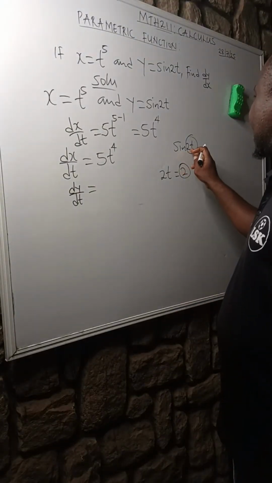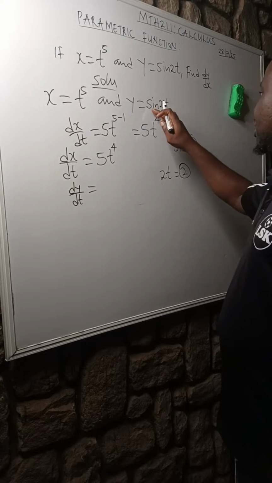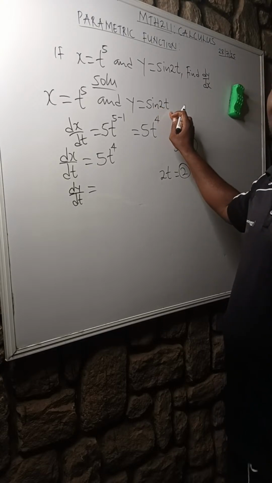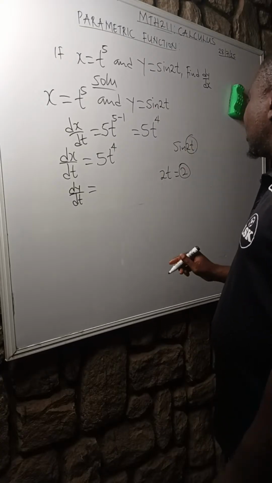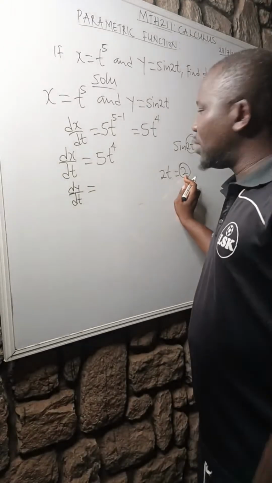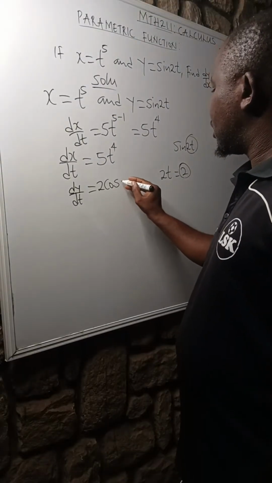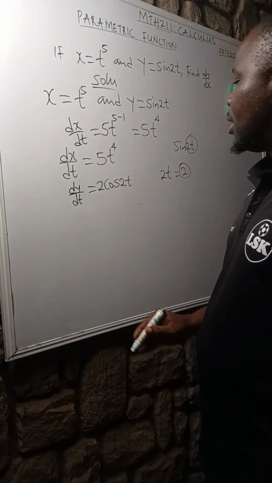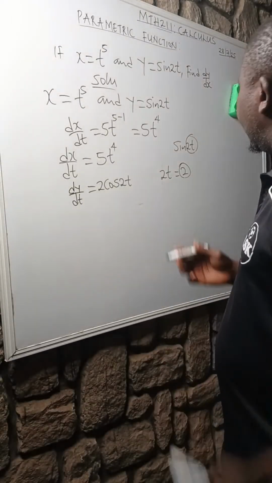But here we have sine 2t, so if you differentiate sine 2t, you will have cos 2t. But use this 2 to multiply the cos 2t, you are going to have 2 cos 2t. This is what you are supposed to have. Is that clear? So far, so good.